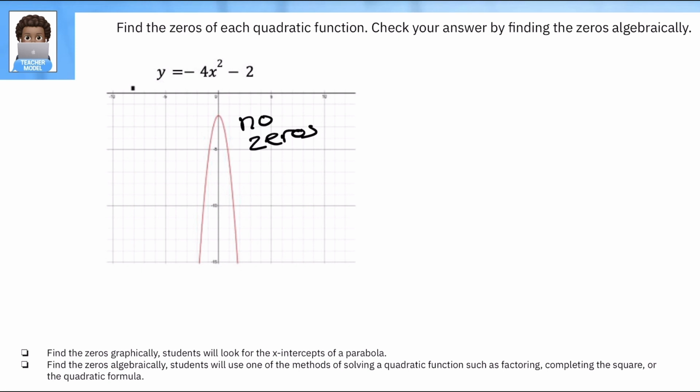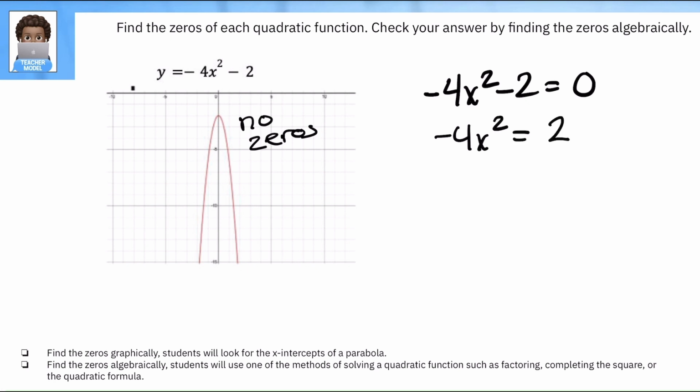Okay, spoiler warning, done. We have negative 4x squared minus 2 is equal to 0. So you're just doing your algebra work. I'm going to divide by negative 4 here. And now I have x squared is equal to negative 2/4. You probably simplified this to 1/2.